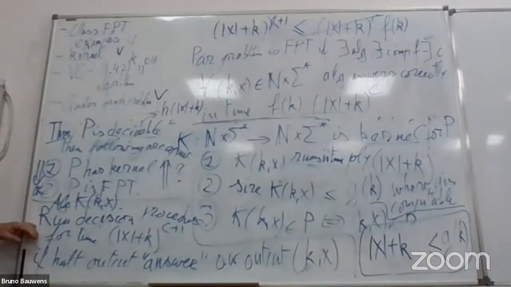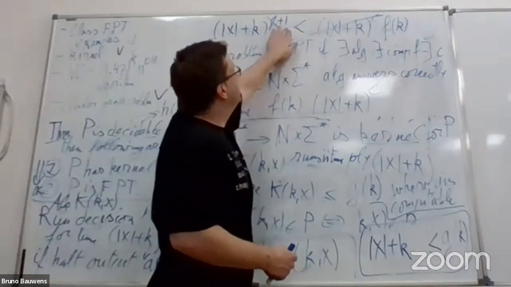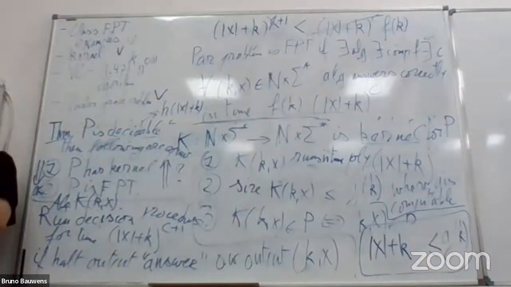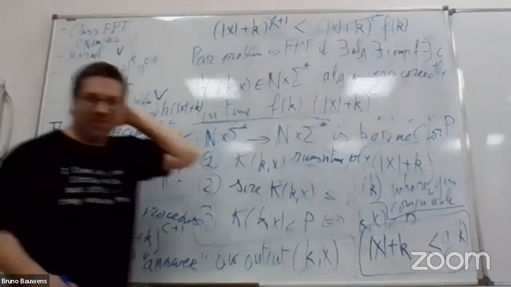So it means that the algorithm from the definition of FPT runs longer than this. You should have strict inequality. Yes. Sorry, I started to explain everything.